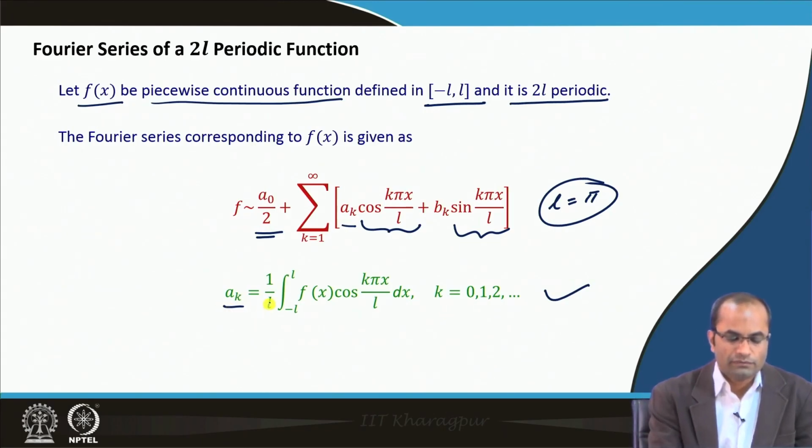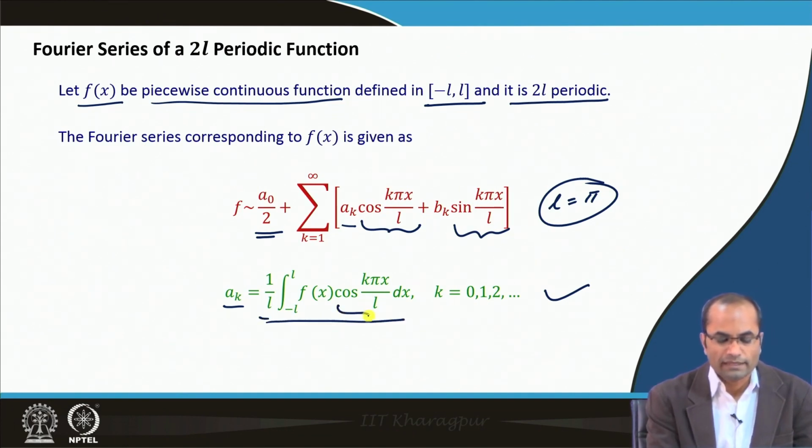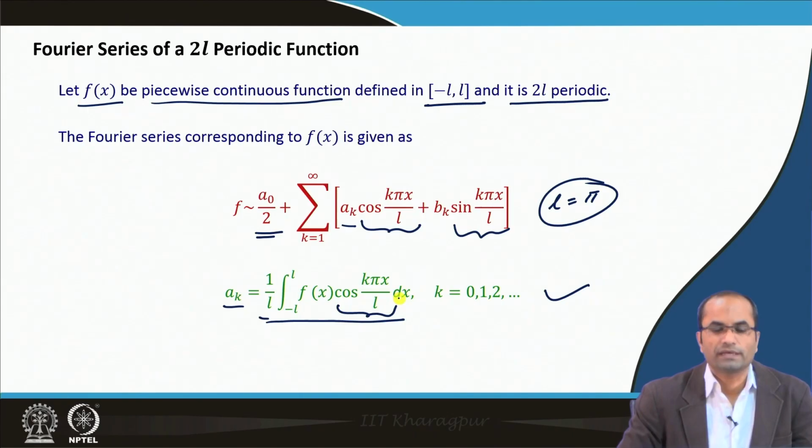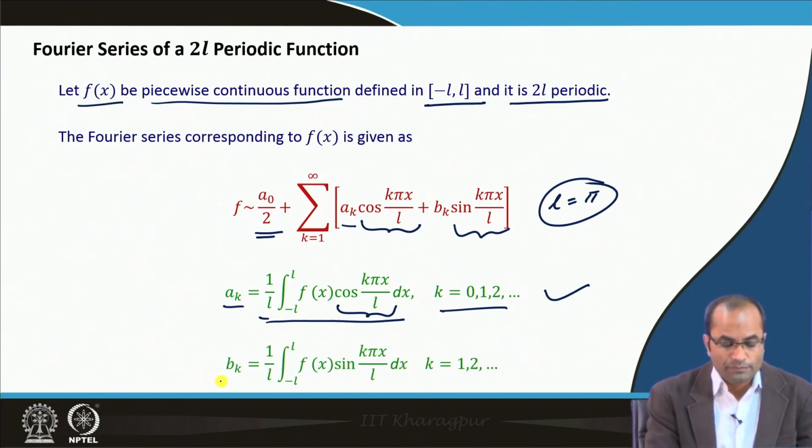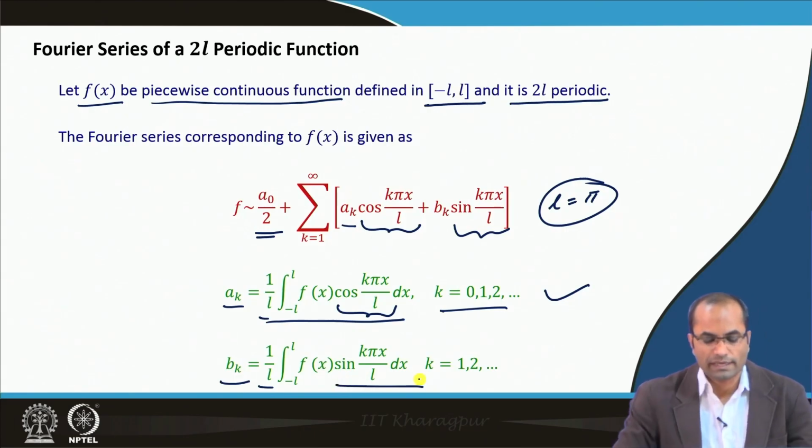So, for a_k we have here 1 over L instead of 1 over pi. So, 1 over L, and then the integral from minus L to L of f(x), and then here we have the cosine term cos k pi x over L, and k goes from 0, 1, 2, 3 etc. The b_k is again 1 over L times the integral of f(x) times sin k pi x over L, and k in this case varies from 1 onwards.